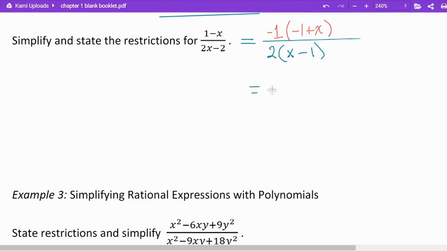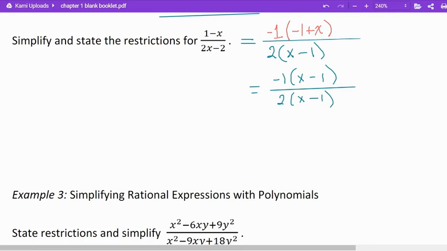So what do I get? I have negative 1. And then if I rearrange the binomial, it's x minus 1 over 2 times x minus 1. Ooh, they are twins. Can I cancel out the x minus 1s? Look at numerator, look at denominator.